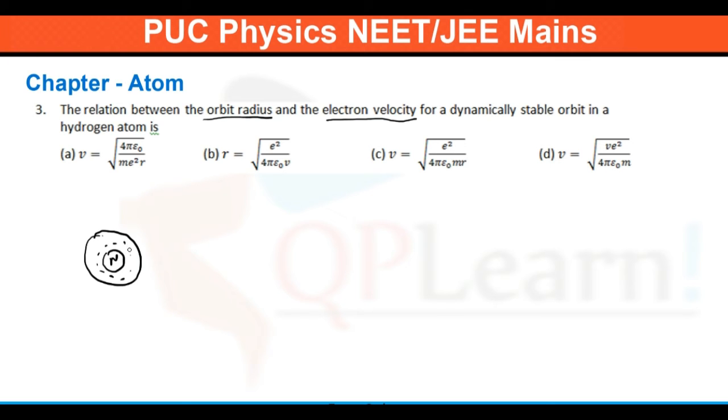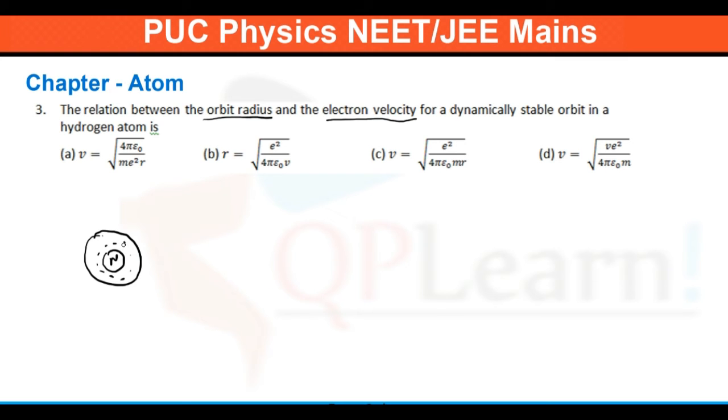Here one thing you observe: the electrons are revolving around the nucleus, that is due to centrifugal force. The nucleus is positive charge, the electron is negative charge, and there is a force of attraction between the nucleus and the electron. This is also one force, called the electrostatic force.